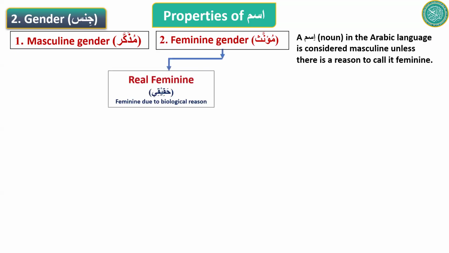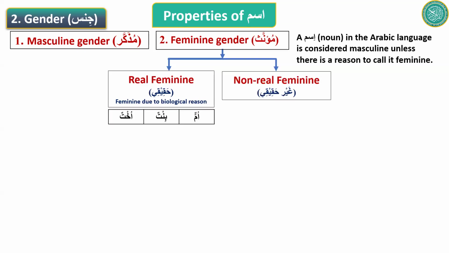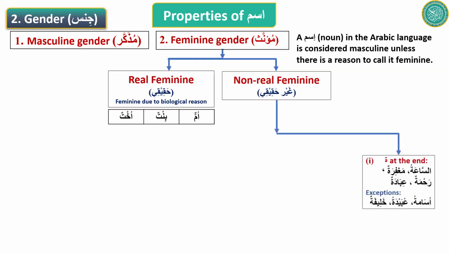And then we learned the types of feminine, because that's all we need to learn to determine the gender. So there are real feminine, which are feminine because of biological reasons, and they are feminine in all languages. And there are non-real feminines. And how to know a non-real feminine?